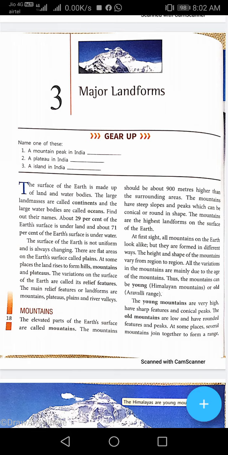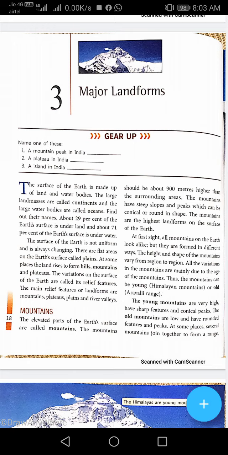Yes, mountains also have an age, like the Himalayan mountains in our northern part, covering most of the part in China and India and making the border between India and China. That is the youngest mountain, and the oldest mountain of India is the Aravalli range.